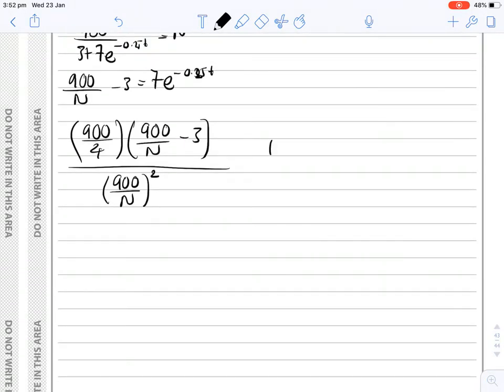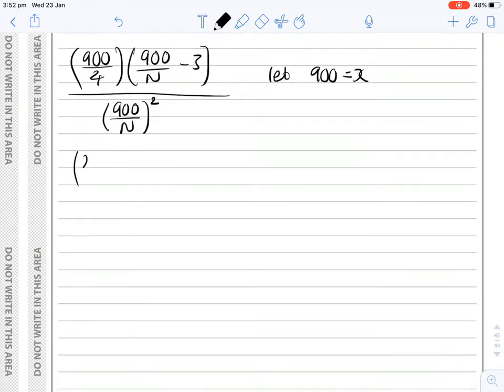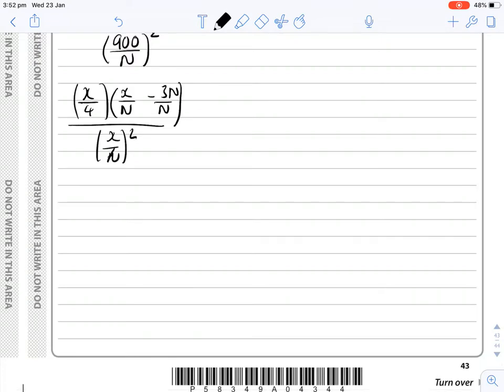So then from here I'm going to say let 900 equal x, just so it doesn't get as fiddly. And so we've got x/4 lots of (x/n - 3n/n), combining that into one fraction, all over (x/n) squared.